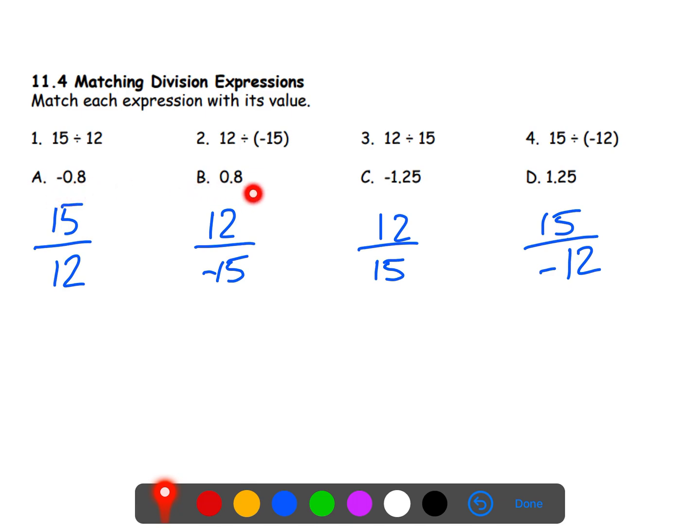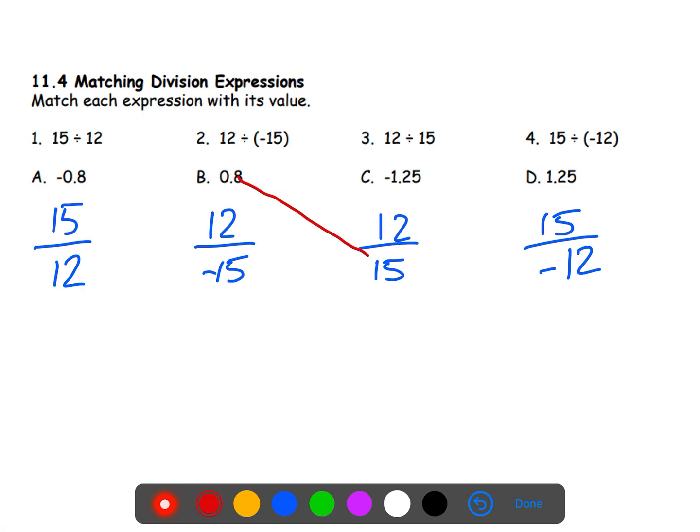And if we look at our decimal values, it's pretty clear which one has a value greater than 1 and which has a value less than 1. That's a match we can make right now. So 12 fifteenths is less than 15 fifteenths, which would be 1 whole. This is the value less than 1. It's definitely going to give us a positive quotient when we divide two positive numbers. So B would be the best match for that.